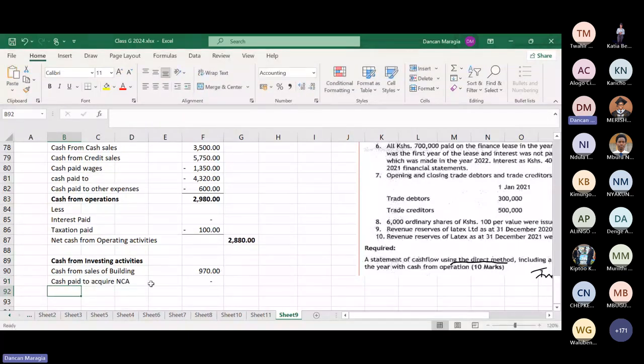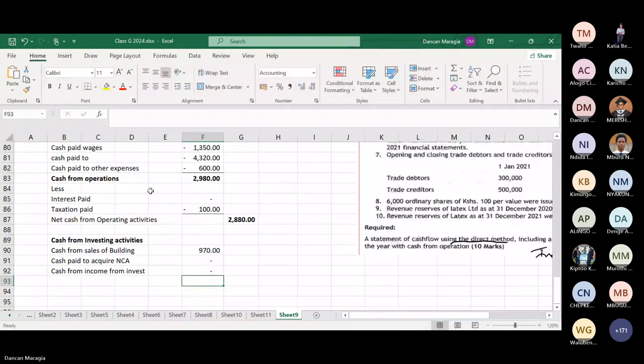Then nothing else, even the cash income from investments. So we are going to have net cash from investing activities, having something like that.